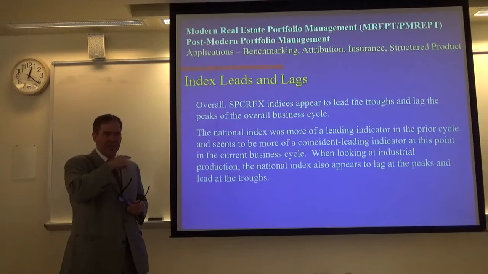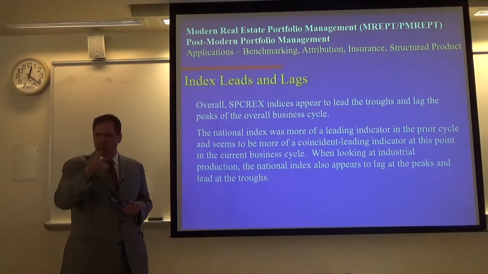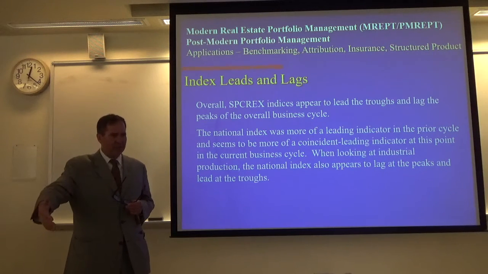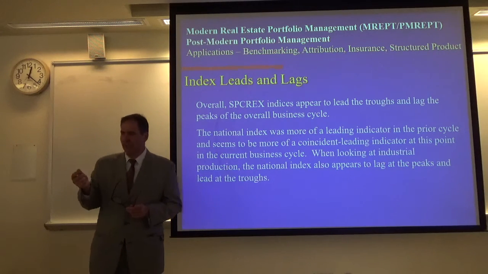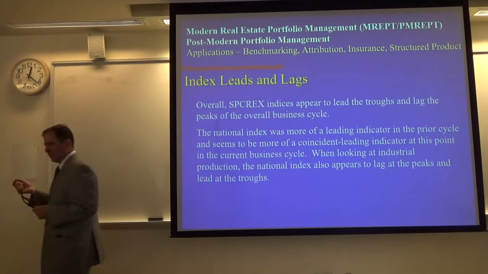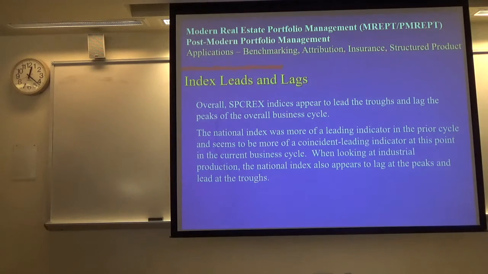Same thing happens with stocks too. Stocks are forward-looking, so stock prices are always going to lead the trough. They're going to lead the downturn. Same thing with real estate prices, and then the economy is going to go into a recession. So you can use the real estate indexes and you can use stock prices to predict where the economy is going to go because they're leading.